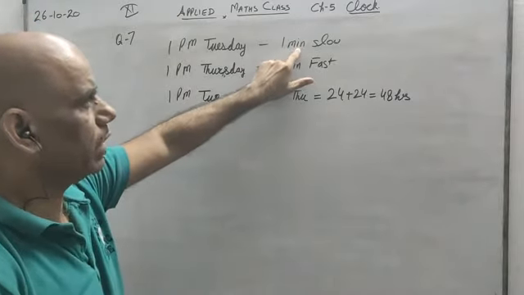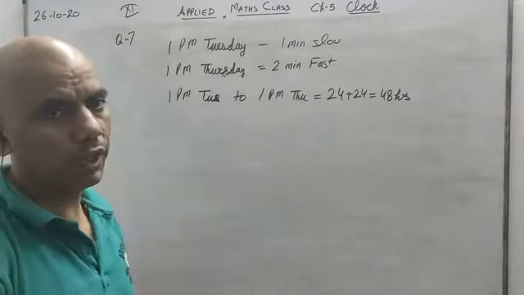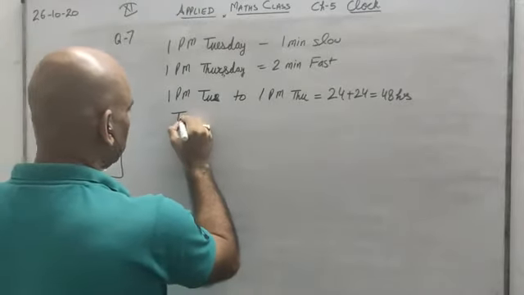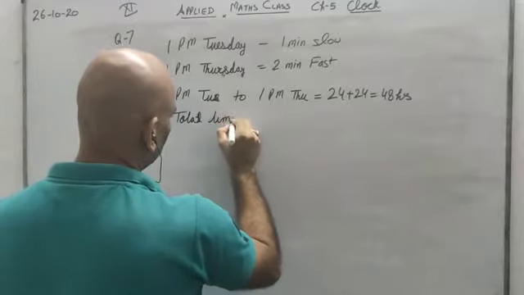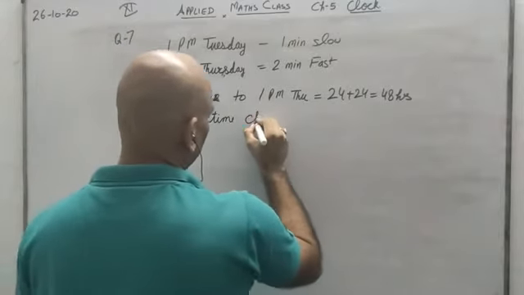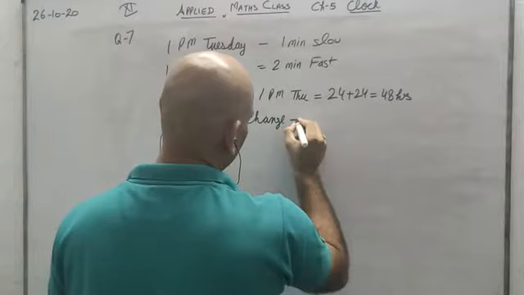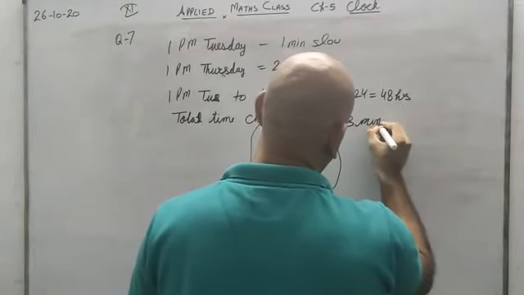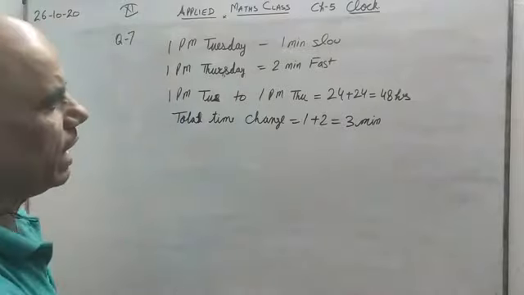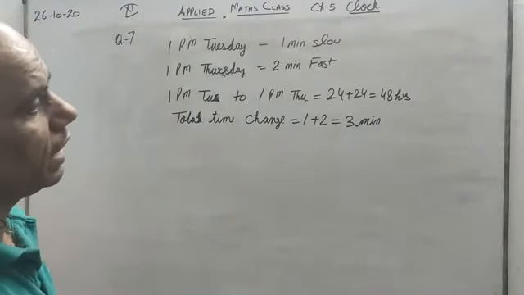Earlier it was 1 minute slow and now it is 2 minute fast. So total time change is 1 minute slow, 2 minute fast, that is 3 minutes. The difference is 3 minutes. And this 3 minutes he has covered in 48 hours.